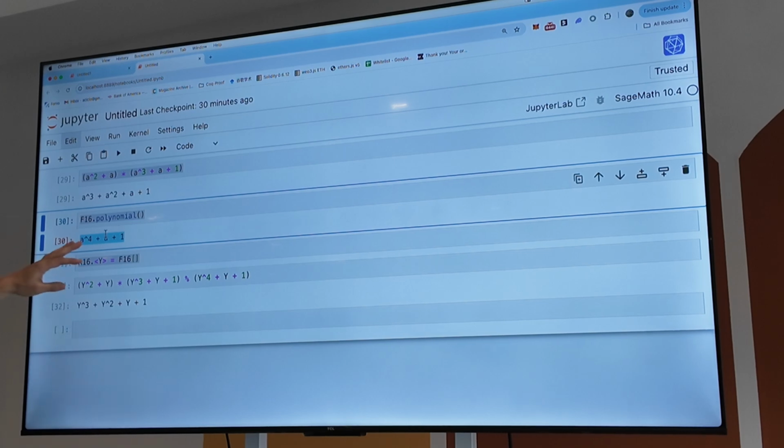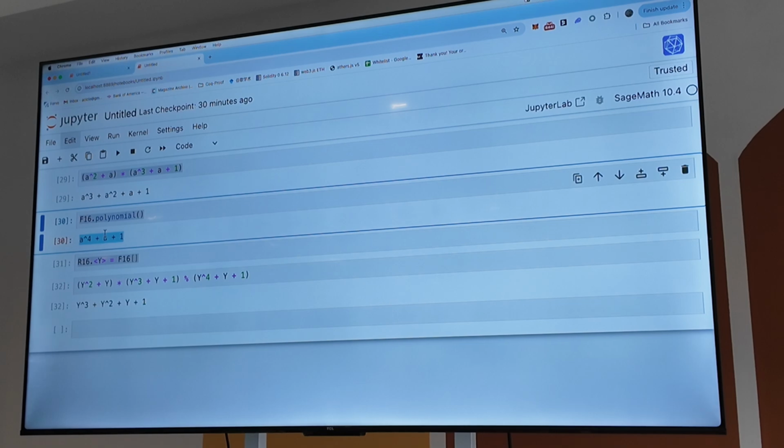Okay, this polynomial is called an irreducible polynomial, and Sage just picks one. It's not randomly chosen, it uses some strategy that we don't know, to pick one irreducible polynomial with degree 4 to use as a modulus to generate F16. So it can also be another one. We will show later that we have multiple ways to construct the extension field. Yes, this polynomial is used to construct F16.